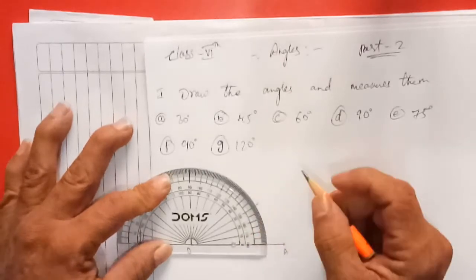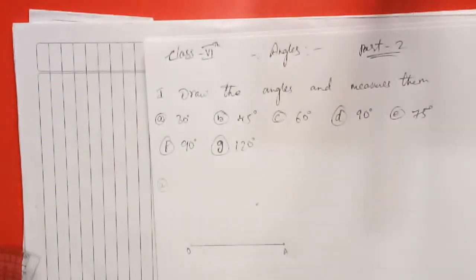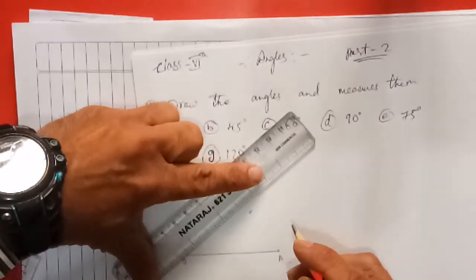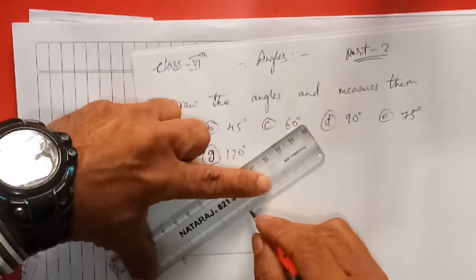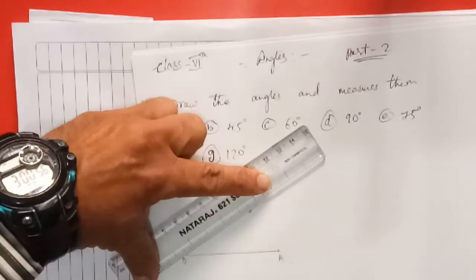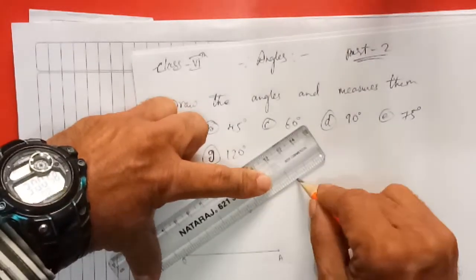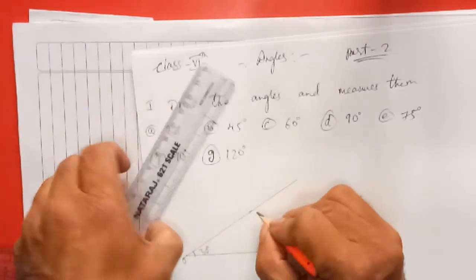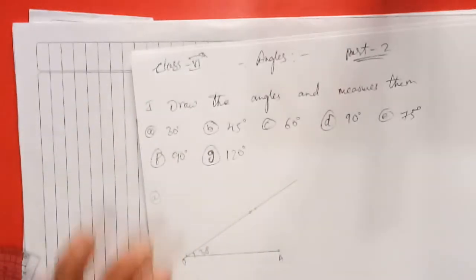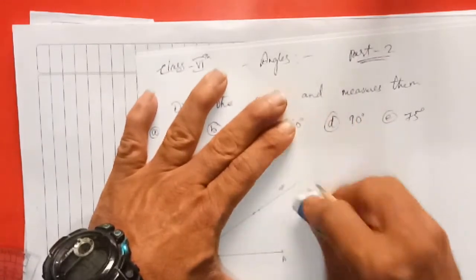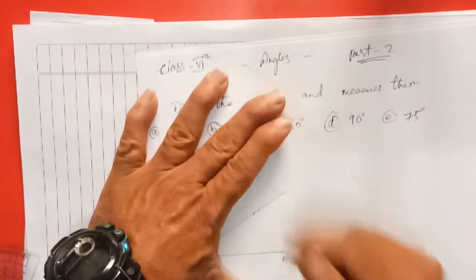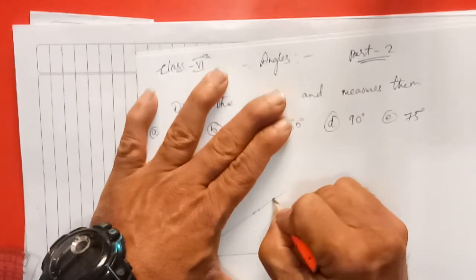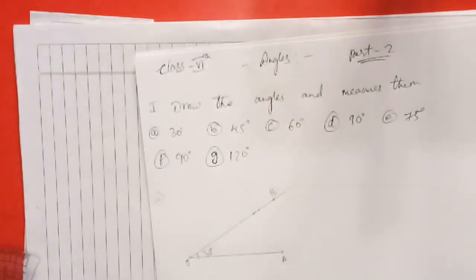Here we have to mark the point, and after that we have to draw a line, making this point and this point equal. This is how we make an angle of 30 degree. We can put the name also, no problem. No need to make it lengthy. That angle is B, and that angle is 30 degree. Did you understand?